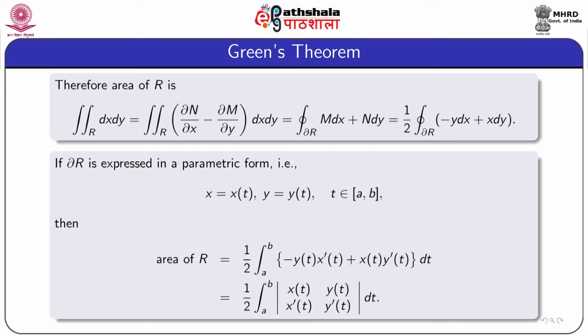If we express delta R in a parametric form, that is, say x equal to x(t), y equal to y(t), where the domain for the parameter is bounded closed interval [a, b], then area of R we can check that it is half integral a to b determinant of x(t), y(t), x'(t), y'(t) dt.